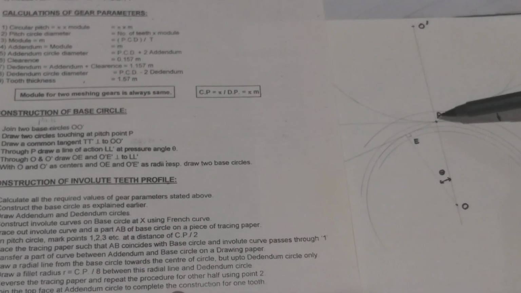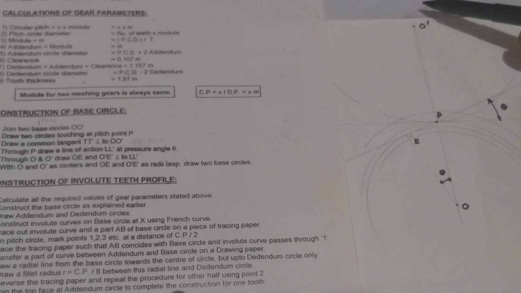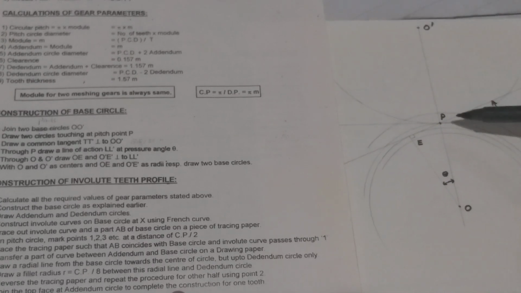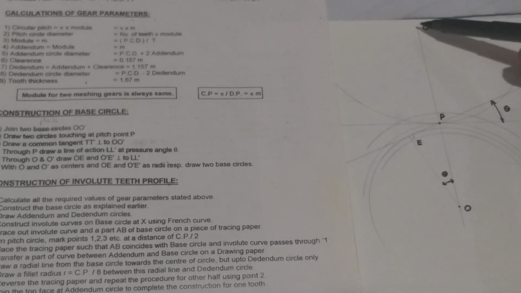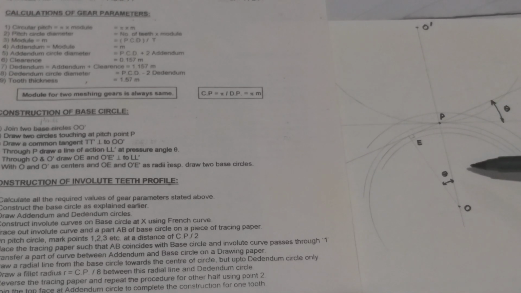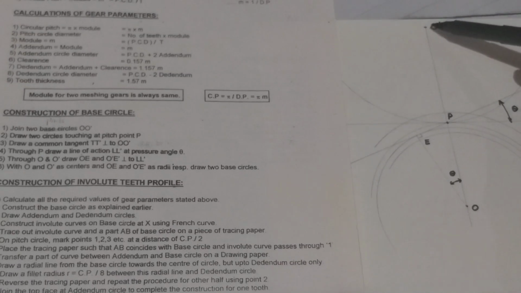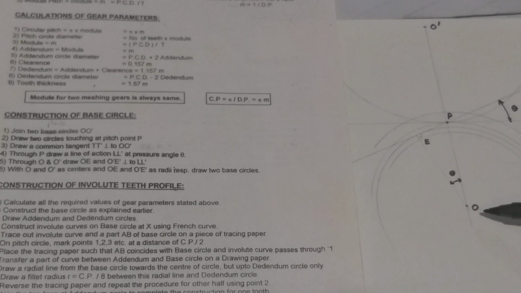If you take the radius, then you draw one line, and on this line you mark from O dash to P, that is the radius of one gear, and O to P, that is the radius of the other gear. So we have drawn one line, and on that line we have drawn R1 plus R2. That means these are the radius values of the two gears. So that is the center distance from O dash to O between the two gears.